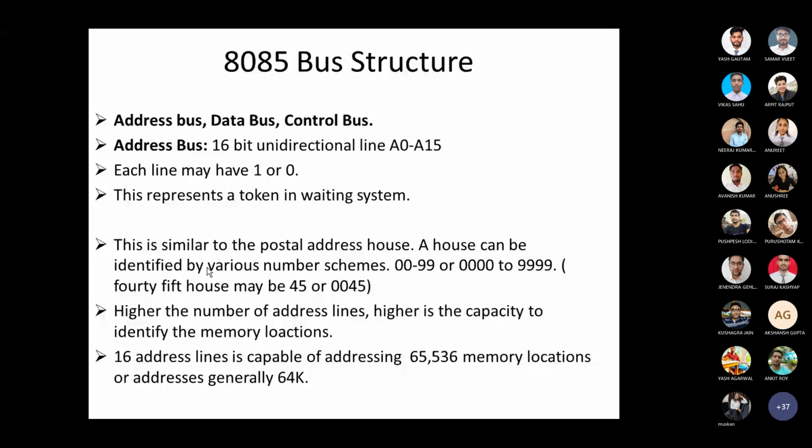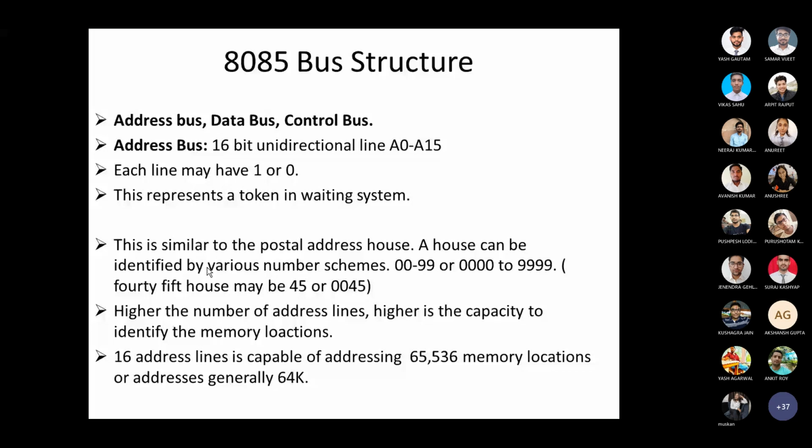So 16 address lines is capable of addressing 2 raised to power 16, that is 65,536 memory locations, or generally it is called 64K. Okay, so students, is it clear to you now?